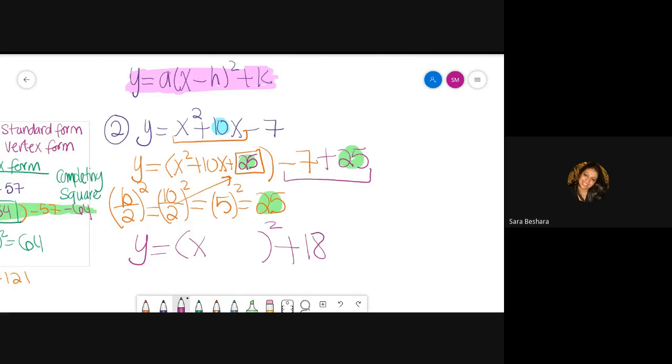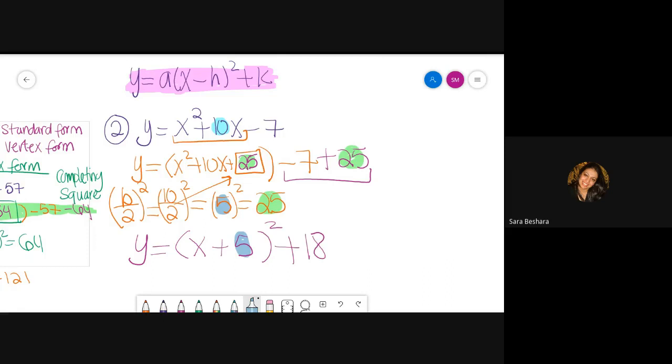So what goes here? Well, again, what goes here is the factor. So think about it. What are the two numbers we multiply together to get 25, and add to get 10? 5. Yeah, you got that right. So it's plus 5. And again, for simplicity, you can see this 5 right here, which is the b over 2, is the same as this 5 right there.